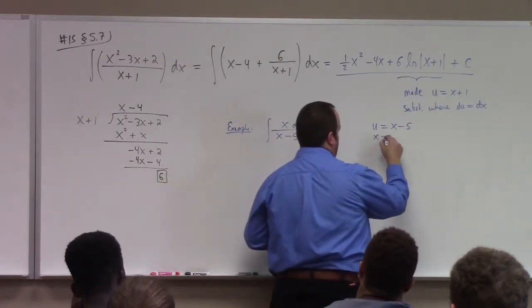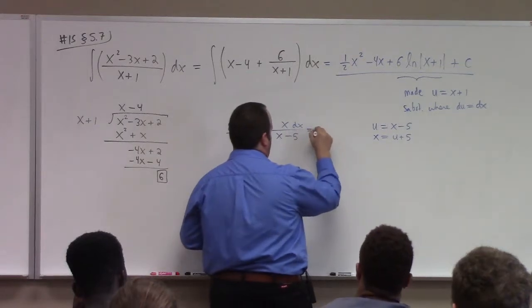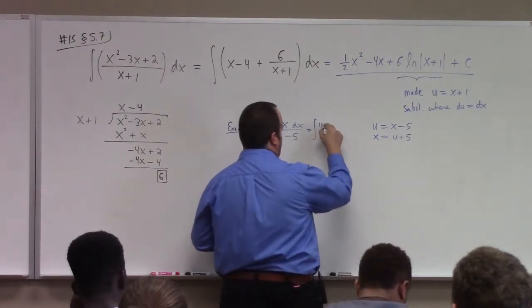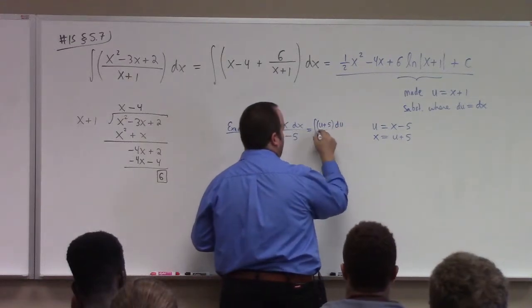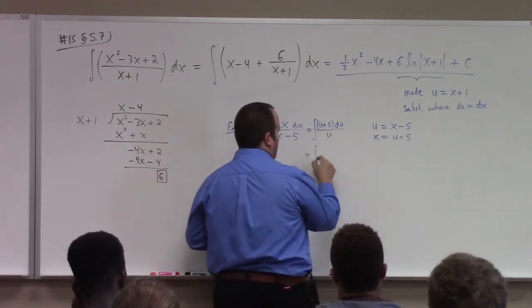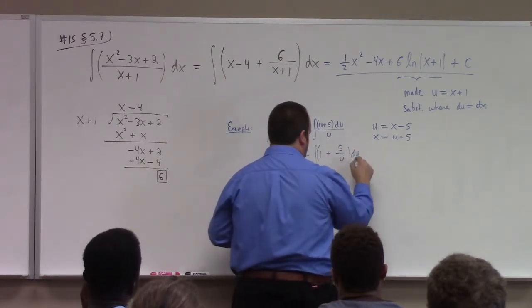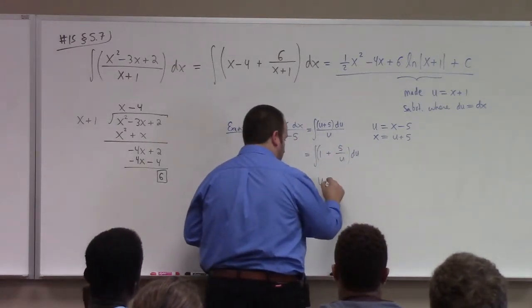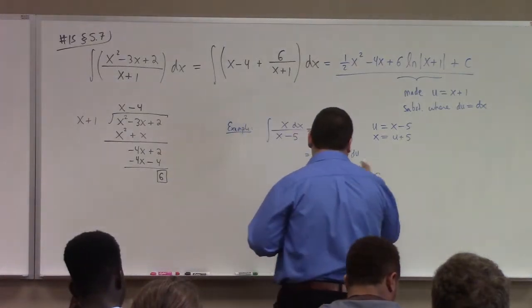Then x is equal to u plus 5. So this is actually the integral of u plus 5 du over u, which is the integral of 1 plus 5 over u du, which is u plus 5 natural log of the absolute value of u, plus a constant.